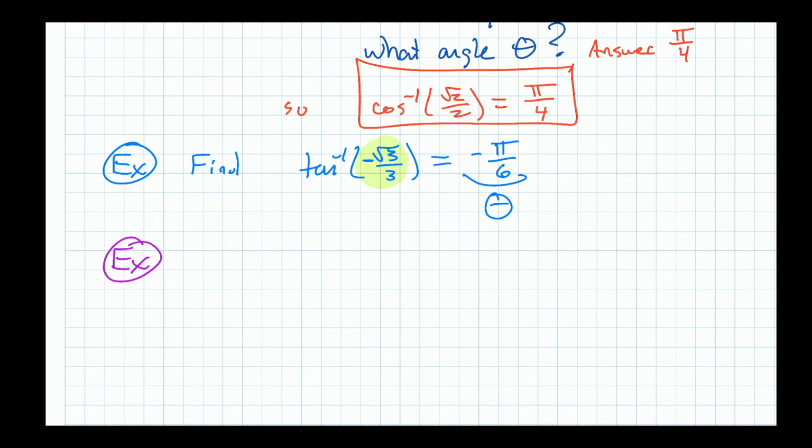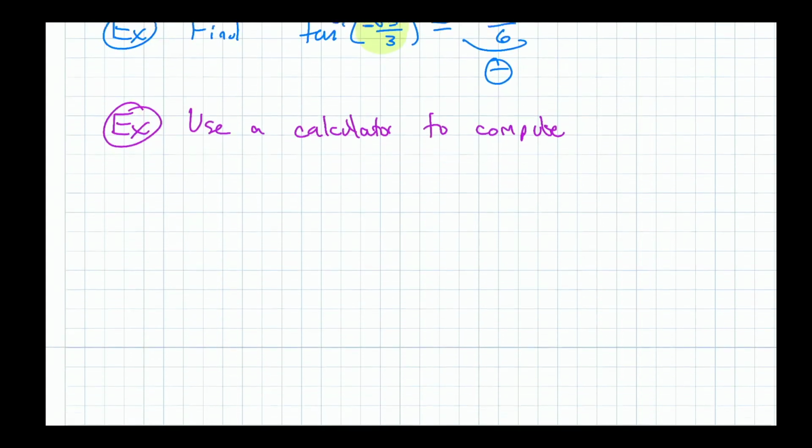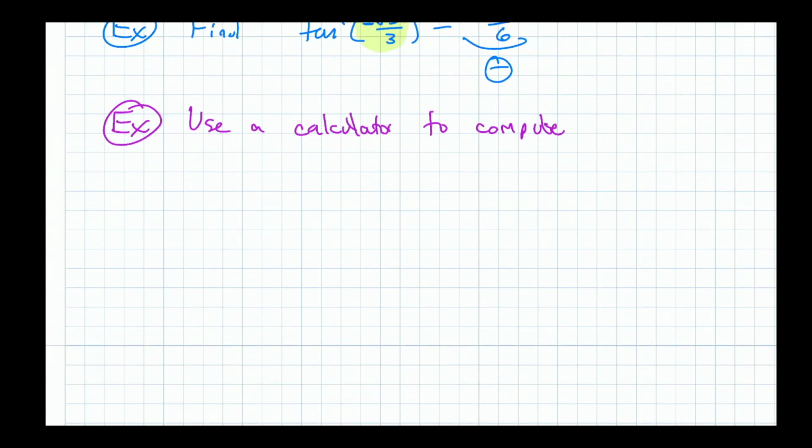So they're going to say, use a calculator to compute. And what kind are they going to give you? No, they don't say it that way.